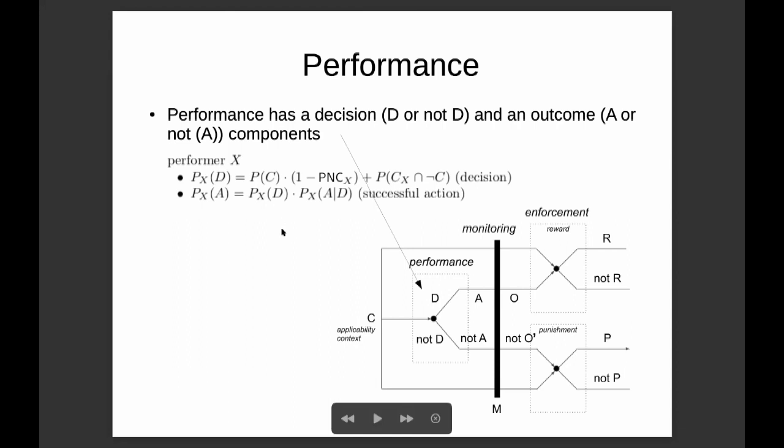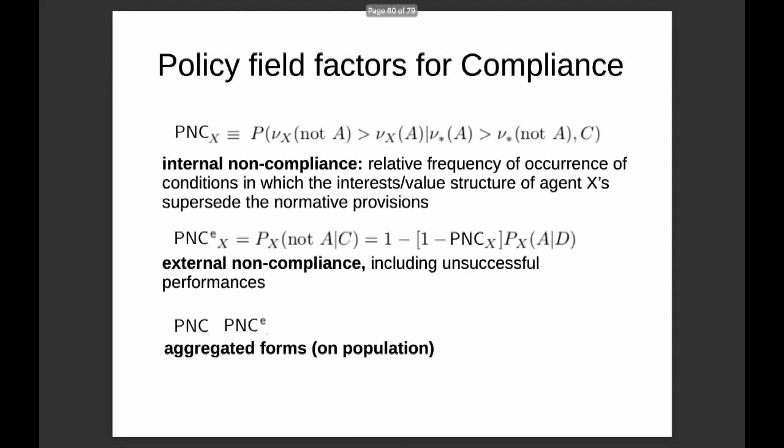For calculating the probability of taking a decision towards action, we introduce the P&C factor, capturing how often, when the norm applies, the preferential structure of the agent supersedes the normative provision, thus determining that the agent won't abide by the norm. This is about deliberated non-compliance, but we can also have unintentional non-compliance due to the fact that the action is a difficult one.